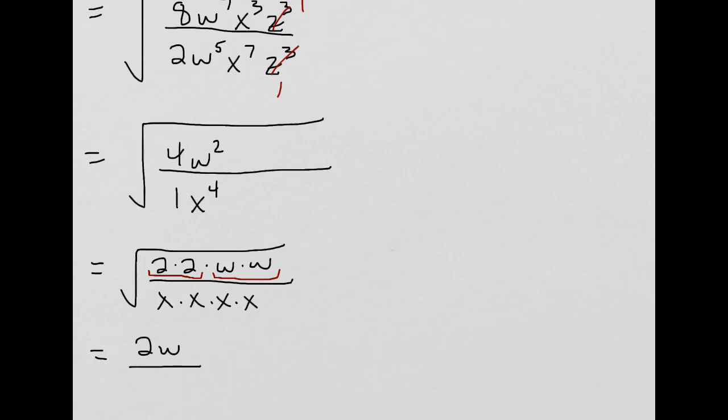So for our x's, it looks like I've got 2 groups of 2. So I can pull out 2 factors of x, which means I'm going to be left with x squared on the bottom. And notice I've used up all of my factors underneath the square root. So there's going to be nothing left under my square root. So this is going to be my final answer.